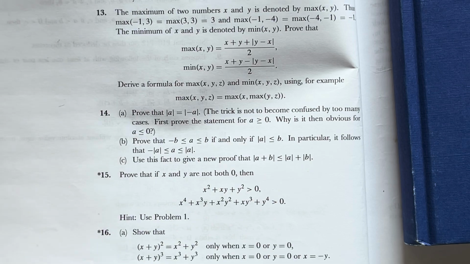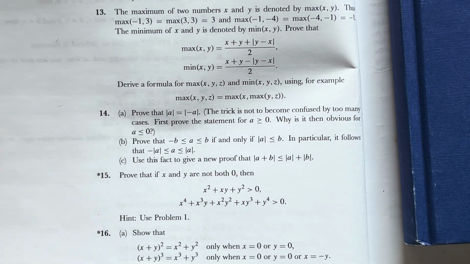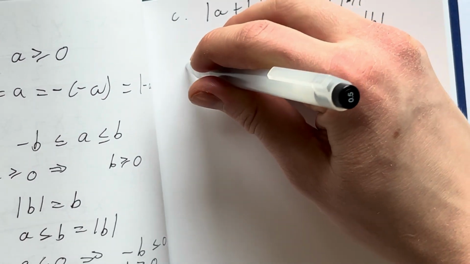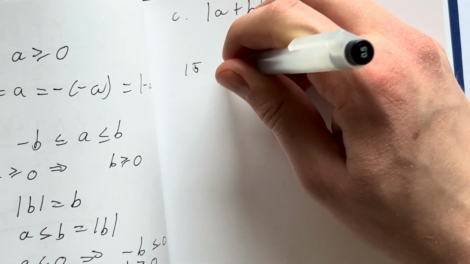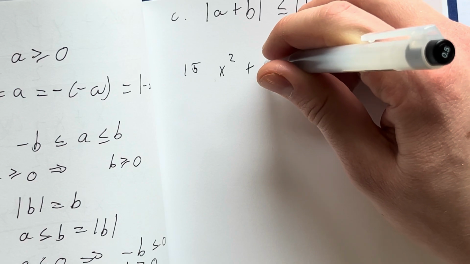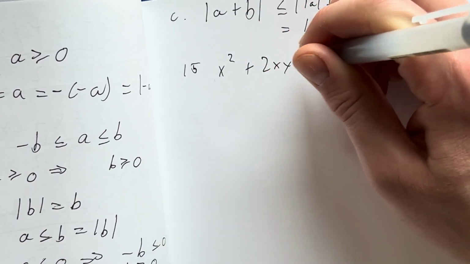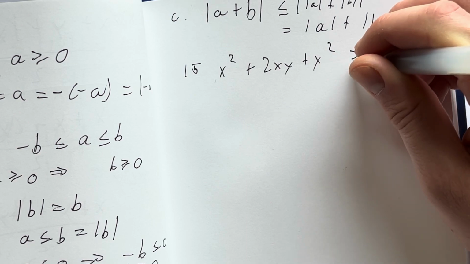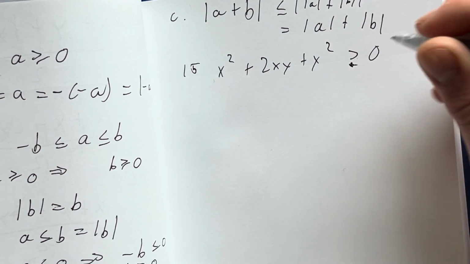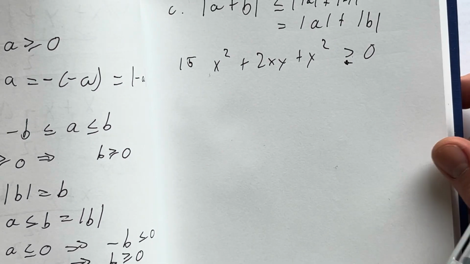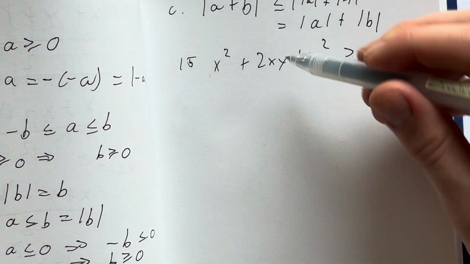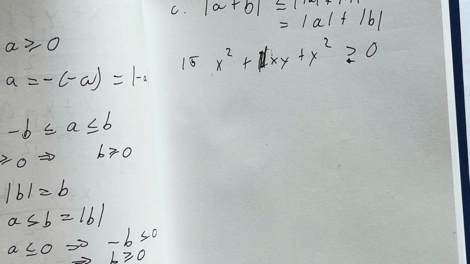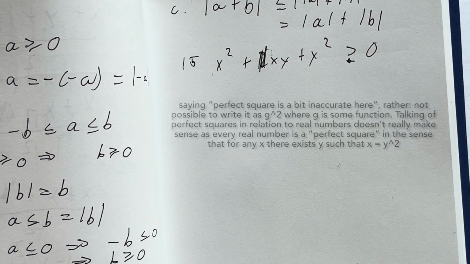So this is very similar to x squared plus 2xy plus y squared. But in this case, we don't have the 2, so it's not a perfect square.